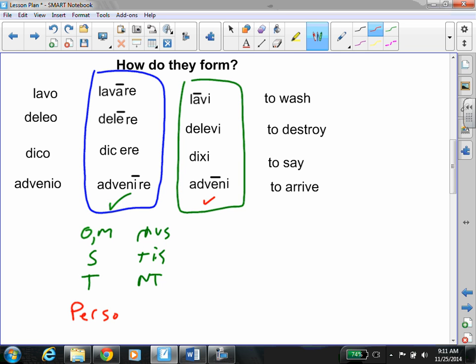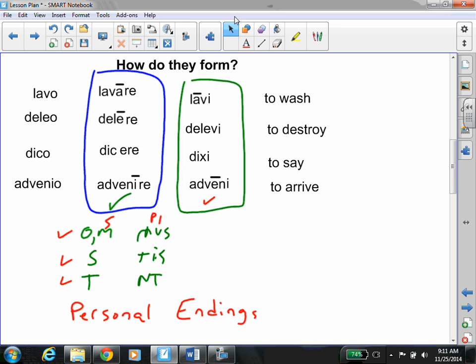And they're called personal because they tell us what person is doing the action. So first person, second person, third person, singular and plural. So the subject of O and M is ego or I, S is tu, you, and then T, he, she, or it. Mus uses nos, tis uses vos, and nt is they.